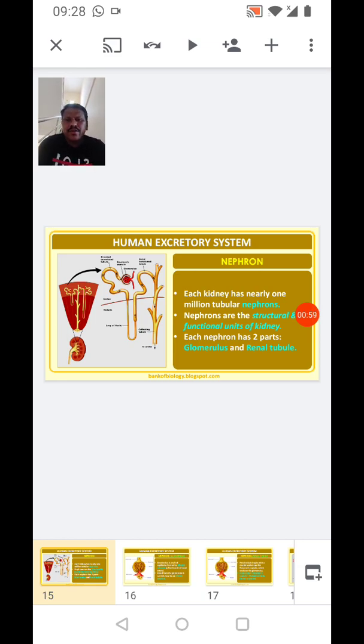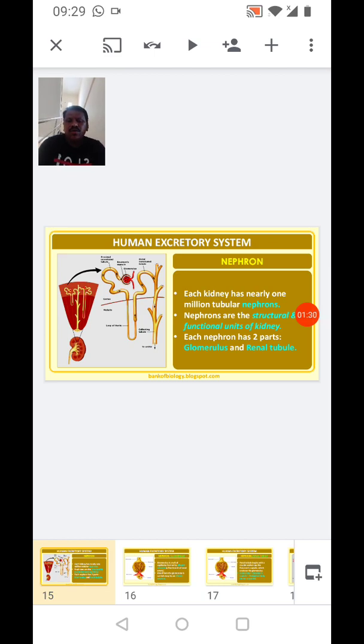The LS, longitudinal section of the kidney, has two important portions. The outer portion is cortex and the inner portion is the medulla. Medulla is arranged into pyramids, which are known as medullary pyramids. The base of the medullary pyramid is broader, and the top is narrower. It has a tip which is known as the renal papillae.